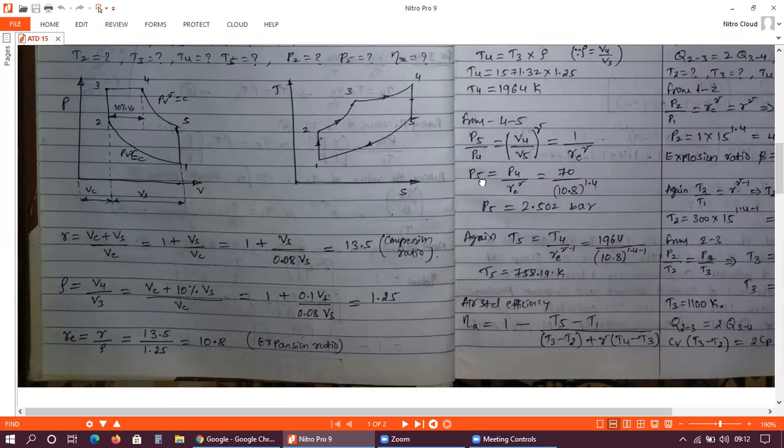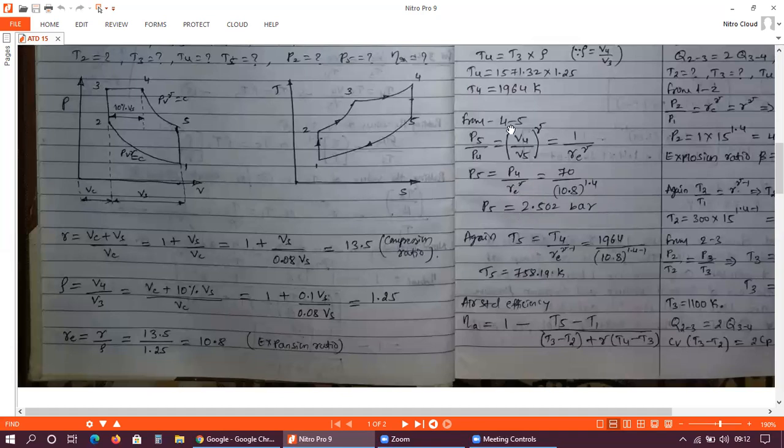If you rearrange this, you will get P5 is equal to P4 divided by the expansion ratio raised to gamma. Just substitute the values: 70 divided by 10.8 raised to 1.4. From this equation, we can easily calculate the value of P5. P5 is equal to 2.502 bar.